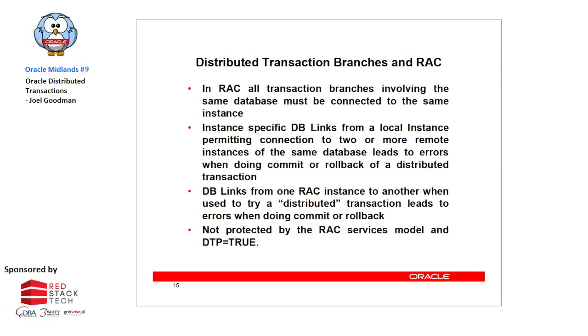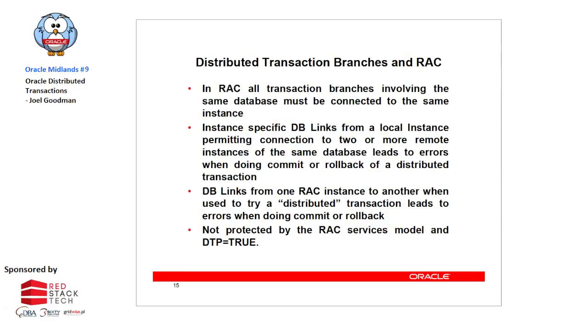Don't be tempted. The reason why years ago sometimes people had DB links between instances was because prior to Oracle 8.0 there were no GV$ views. So anyone here who worked in the old days of the Precambrian in Oracle 7? Anyone here an Oracle 7 graduate like I am? Oracle 6, yeah. So you may remember that in the old parallel server, if you wanted to know all the sessions, there was no GV$SESSION.